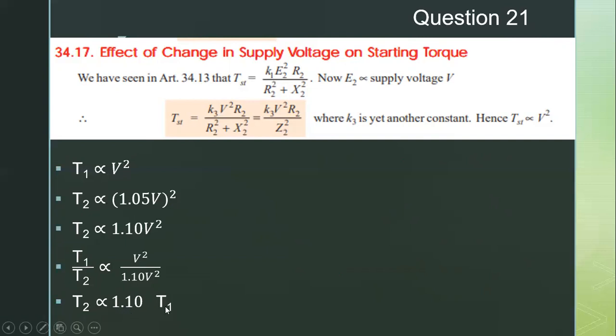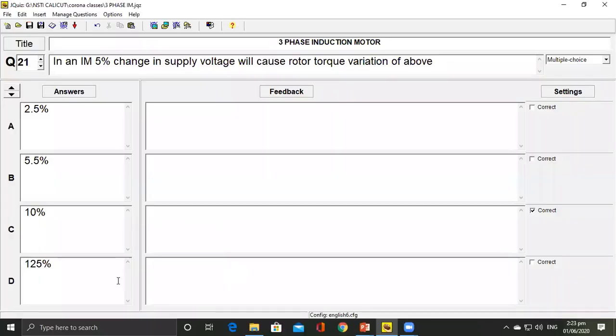In the second condition, when you increase the voltage by 5%, it becomes 1.10, so here the increase is 0.10, which means 10%. So the second torque will be 10% more than the first torque, that is 1.10 into T1. So our answer will be 10%.